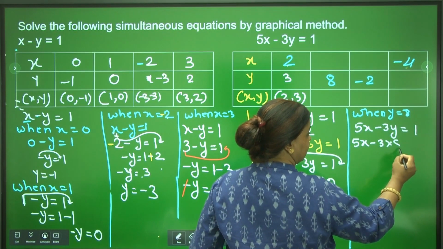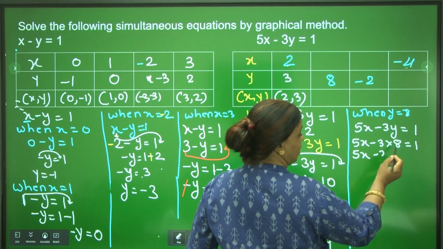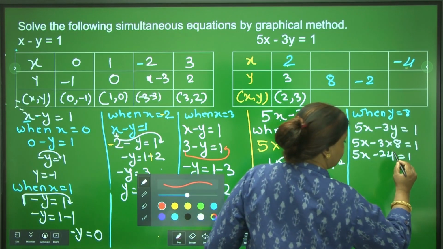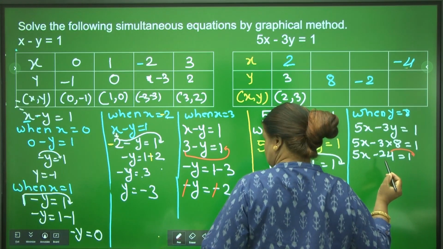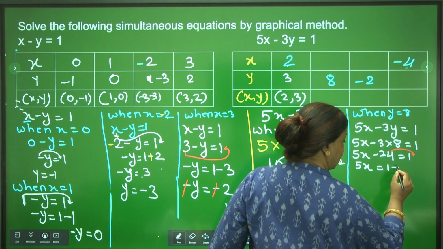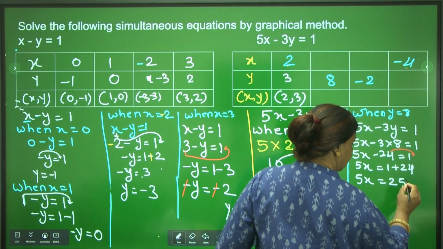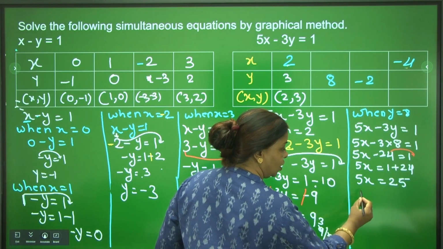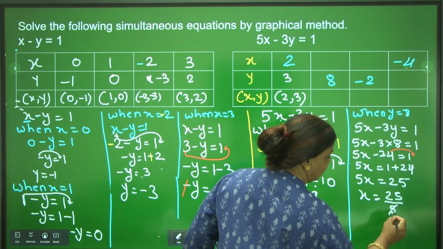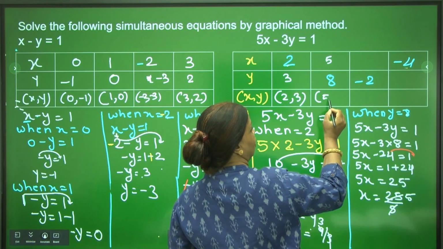Y is how much? 8, is equal to 1. 5x minus 3 8s are 24 is equal to 1. Now this 24 is going to shift here, and your equation will be 5x equal to 1 plus 24. So 5x is equal to 25, and 5 and x are multiplied, so x is equal to 25 upon 5. 5 5s are 25. So you got x as 5. So your coordinates are 5 comma 8.